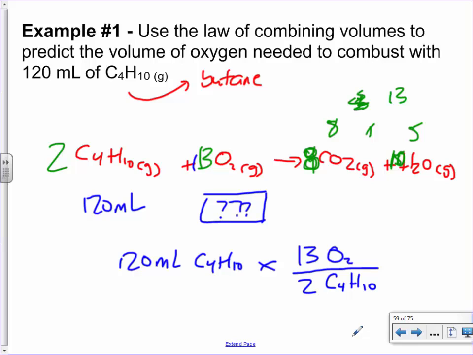Does that make sense where I pulled those numbers from? For every 2 moles of this, there's 13 moles of this. Or for every 2 liters of this, there's 13 liters of this. There's just a relationship between these guys. So that will cancel. I need you to take 120 times 13 over 2.